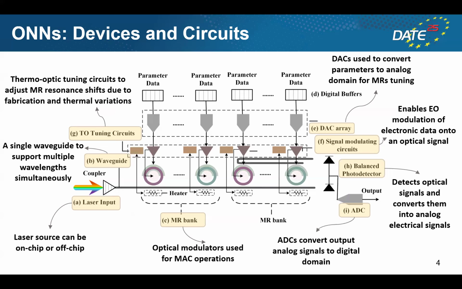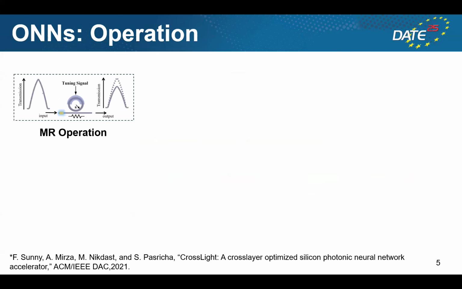SafeLight in specific focuses on attacks that can happen on the thermo-optic tuning circuits and the electro-optic signal modulating circuits, as these type of circuits dictate how the microring resonators or the MRs operate and can completely disrupt the entire execution. So how does an MR operate?